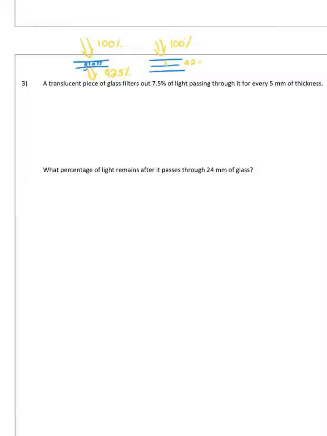So as it passes through the first 5 millimeters, it still has 92.5%. Then as it passes through the next 5 millimeters, it loses 7.5% of the 92.5%. So again, it keeps 92.5% of the starting amount, which this time is 92.5%, which is 85.56%.